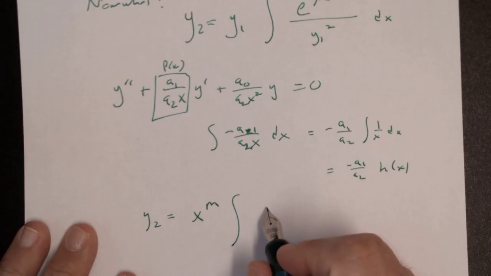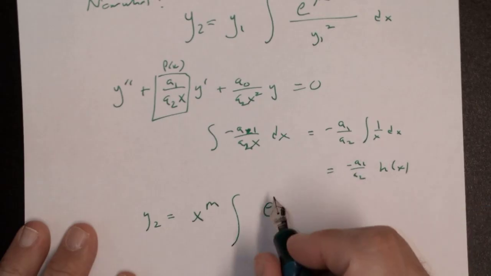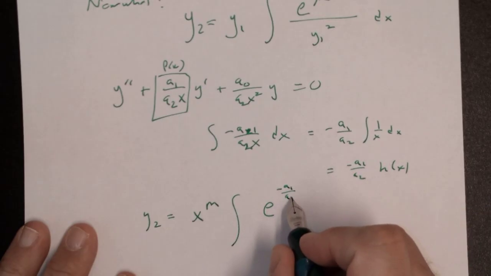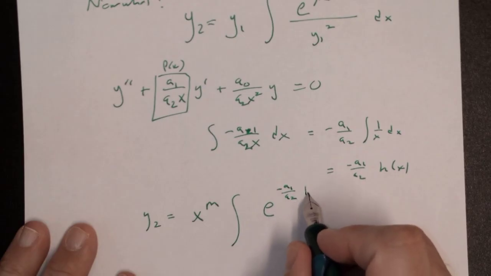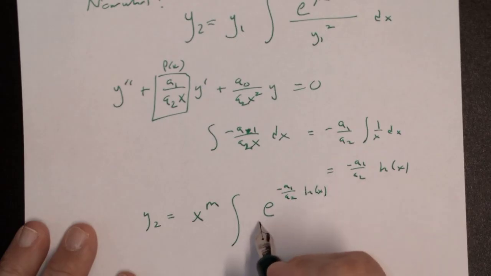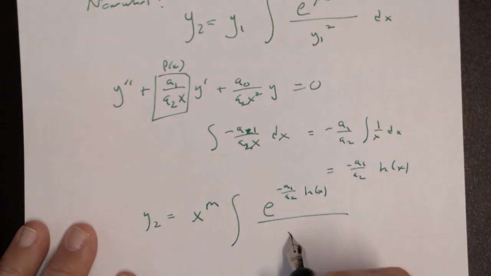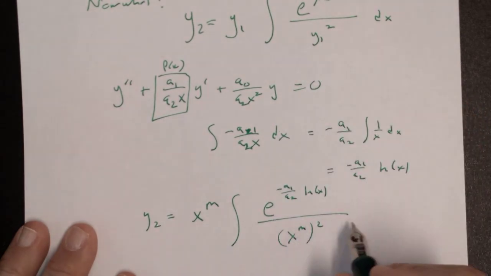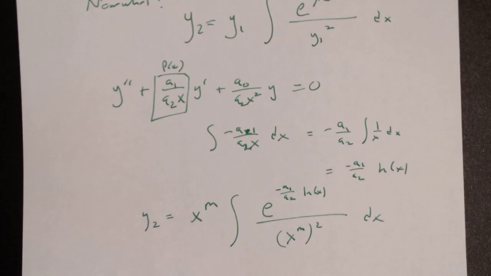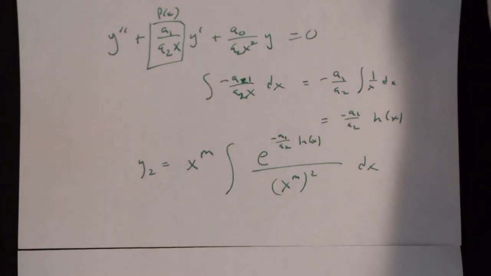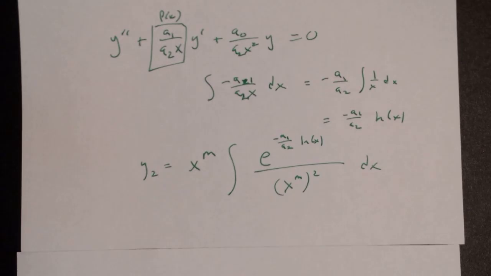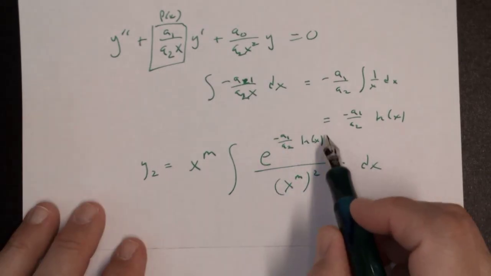Integral of e to the negative a1 over a2 ln of x over y1, x to the m, squared dx. What happens up here?